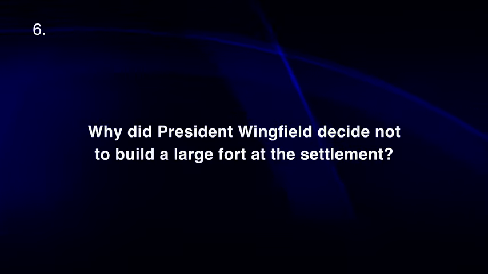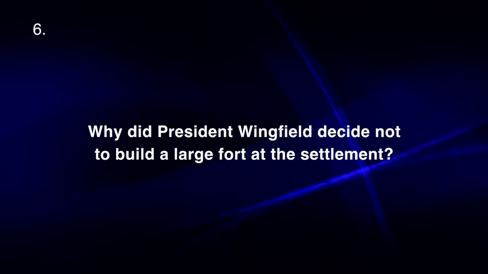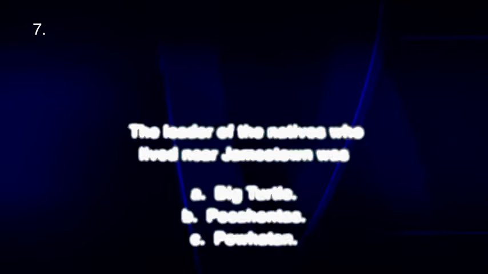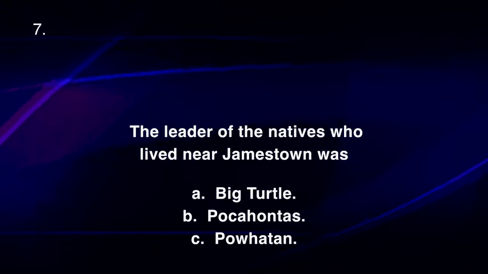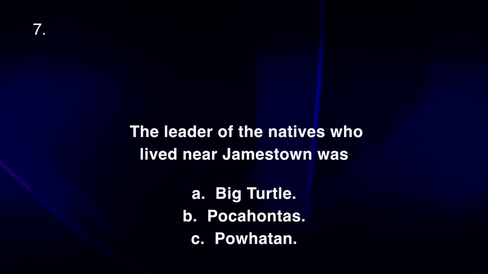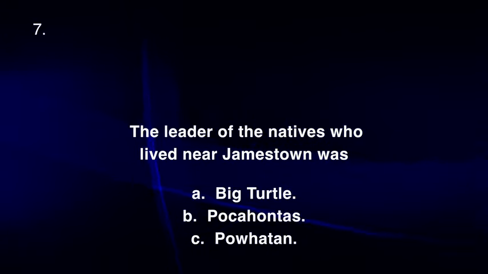Why did President Wingfield decide not to build a large fort at the settlement? The leader of the natives who lived near Jamestown was A. Big Turtle, B. Pocahontas, C. Powhatan.